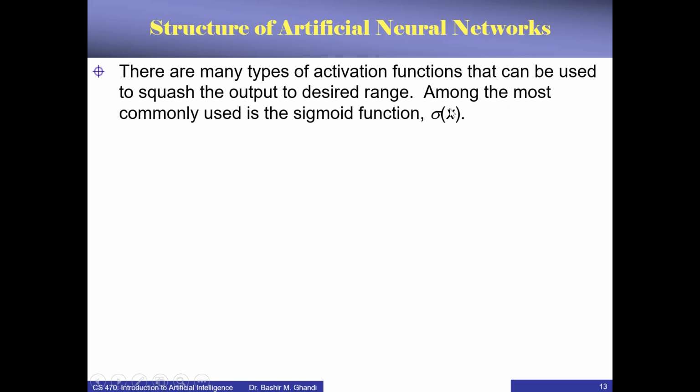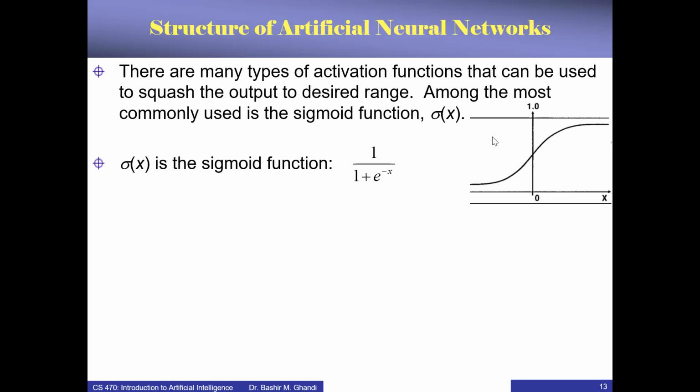However, among the most commonly used is the sigmoid function, sigmoid of x. Sigmoid of x is defined as 1 divided by 1 plus e to the power minus x.